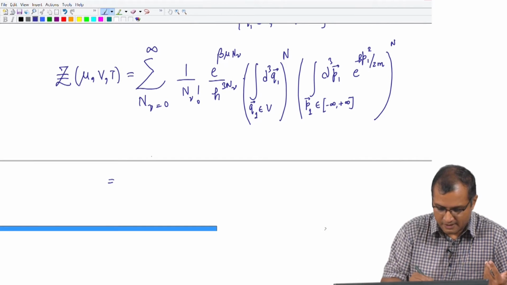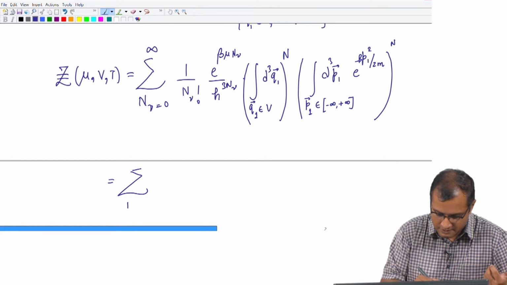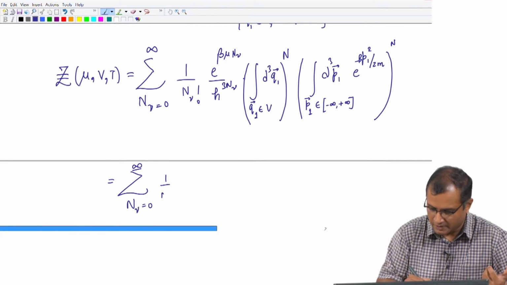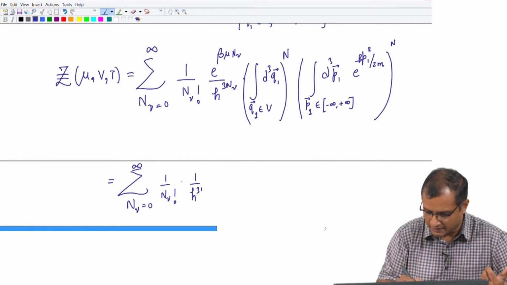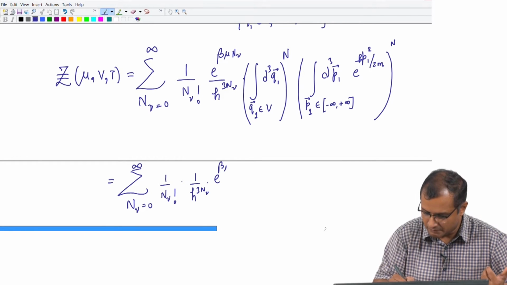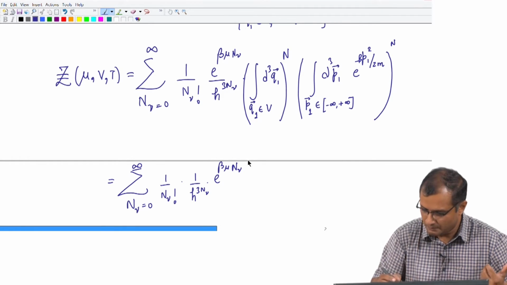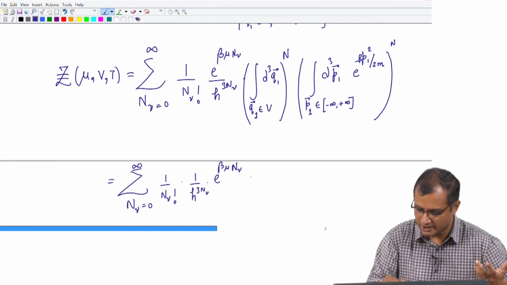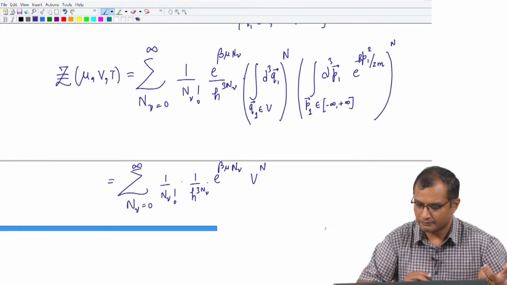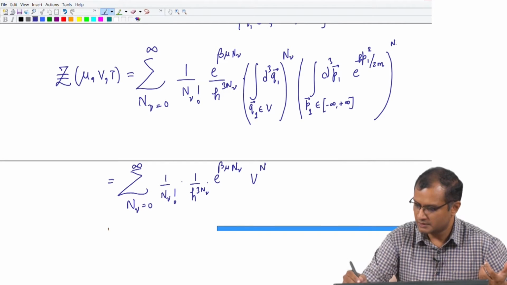Now, this can be written as the summation n nu going from 0 to infinity, 1 upon n nu factorial, into 1 upon h to the power 3 n nu, into e raised to beta mu n nu. The volume integrals will simply give me V to the power n nu, of course.